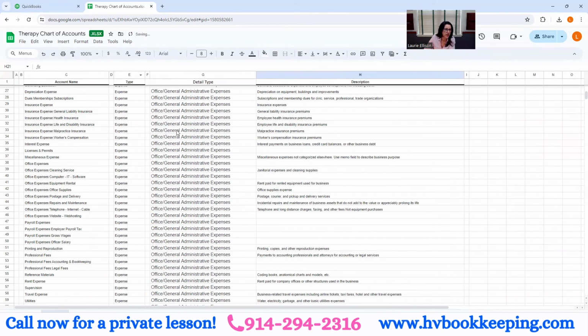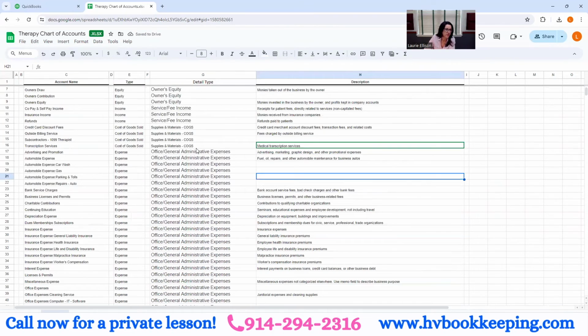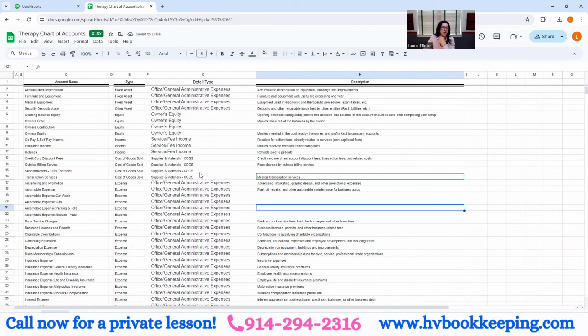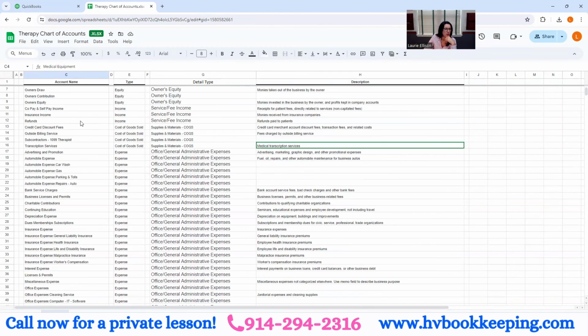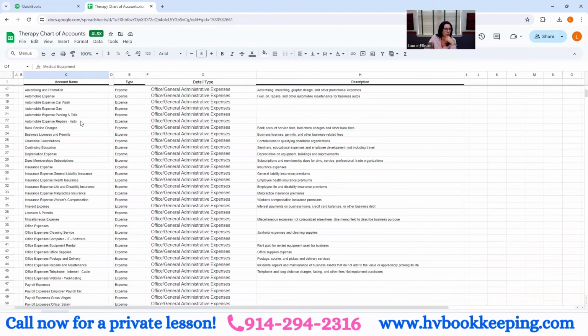This is kind of like a curated list from many of my own clients. And it's mostly, I mean, probably won't have medical equipment, maybe something. But these are mostly the expenses you should be using.